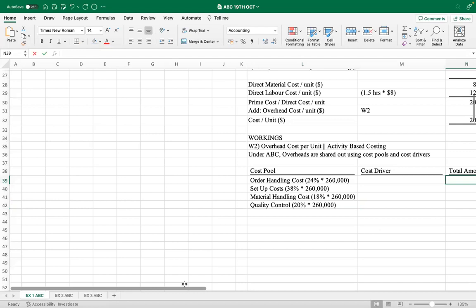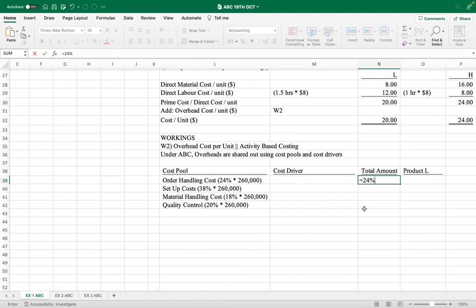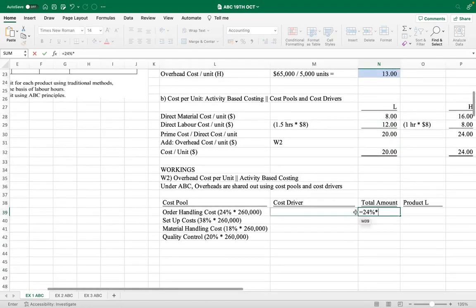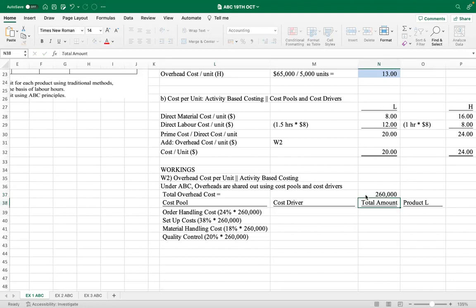So let me get those percentages before we go to the next item. Total overhead cost is 260,000. So we have 24% times the 260,000.